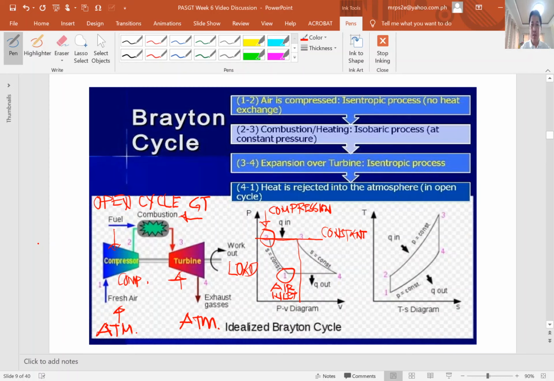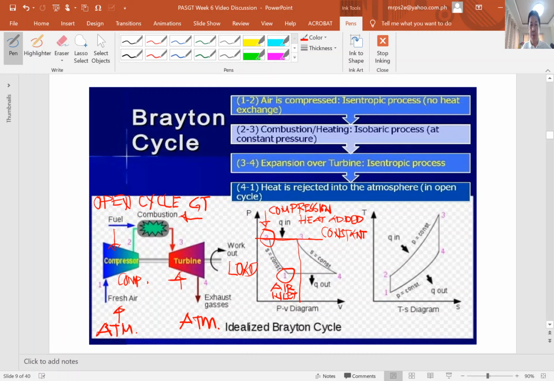That is what we call the heat added. So 2 to 3 is heat added. Qn is heat added, because of the ignition and the combustion that occur.